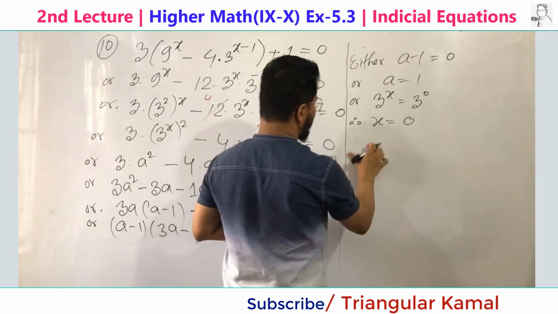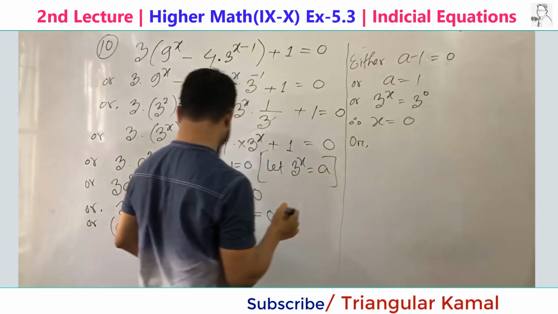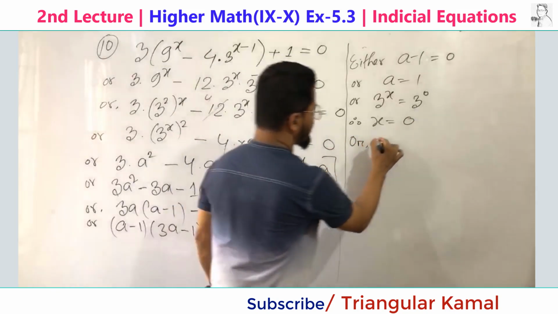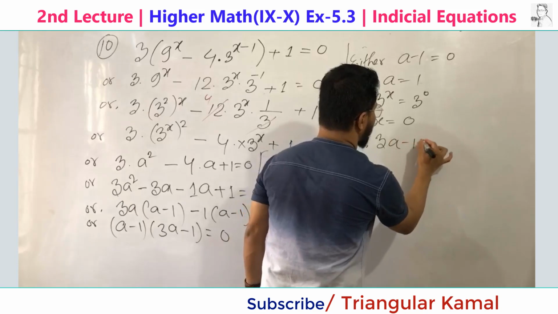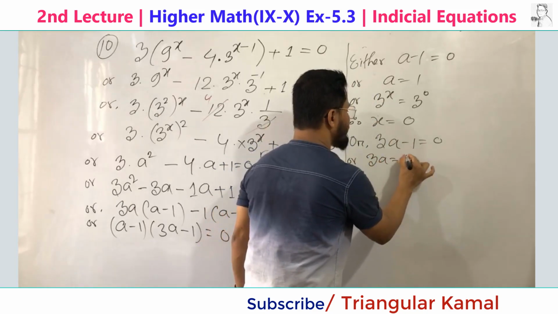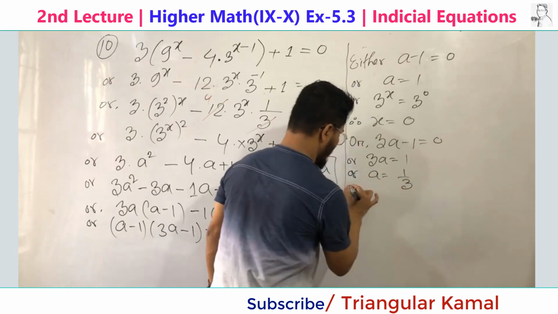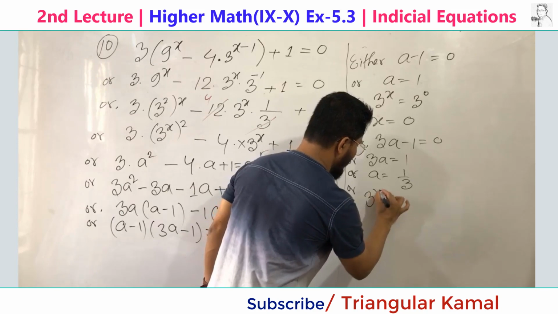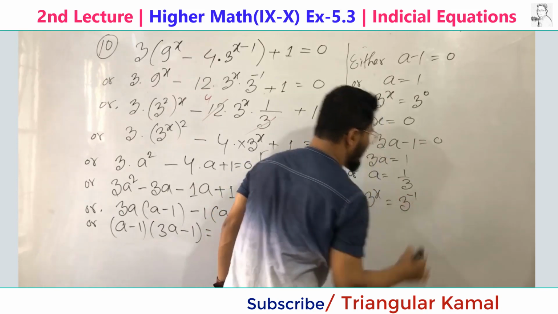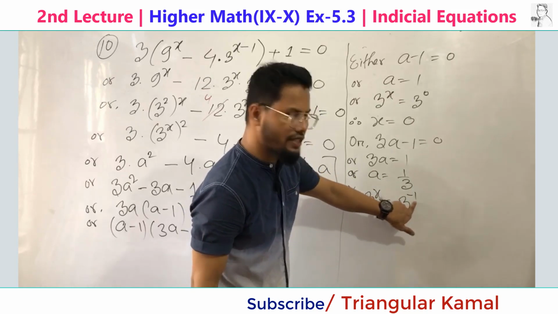Or the second factor, which one is the second factor? 3a minus 1 equals 0, so 3a equals 1, or a equals 1 by 3. We can write 3 to the power x equals 3 to the power minus 1, because this is a fraction we can convert it to indicial form.